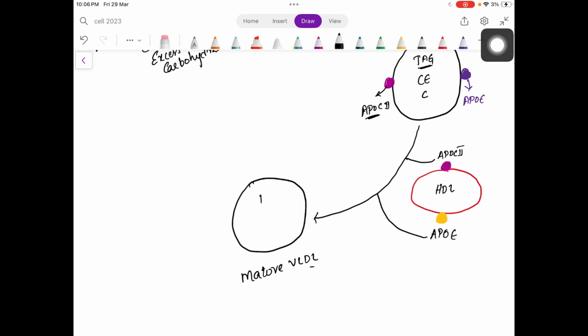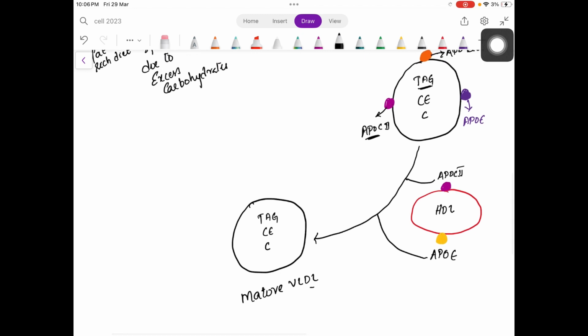And this mature VLDL molecule will have more amount of triacylglycerol, cholesterol ester, and cholesterol. Now they will have ApoB100 and further ApoC2 and ApoE. This is ApoB100. This is ApoE.